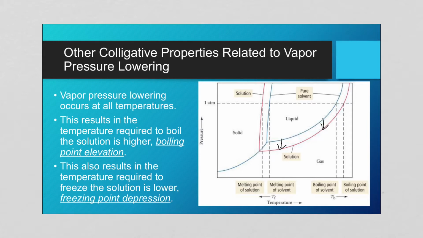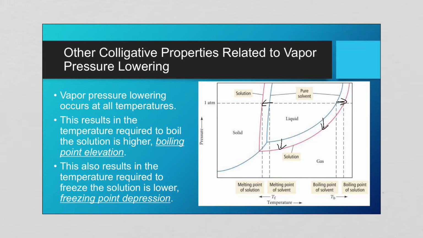So because of the shape of these curves, it causes the boiling point to shift to the right, or toward higher temperatures. The boiling point gets higher, and it causes the freezing point to shift to the left, or to lower temperature.